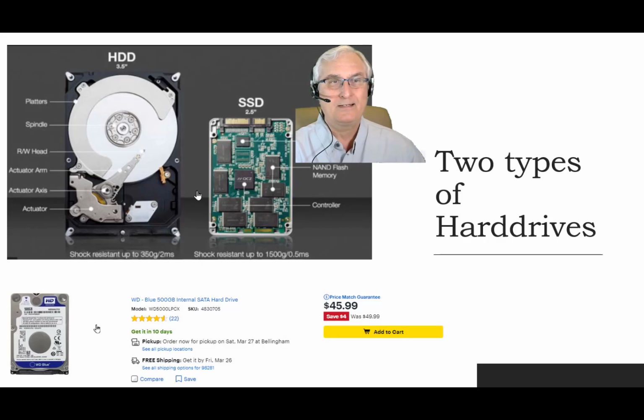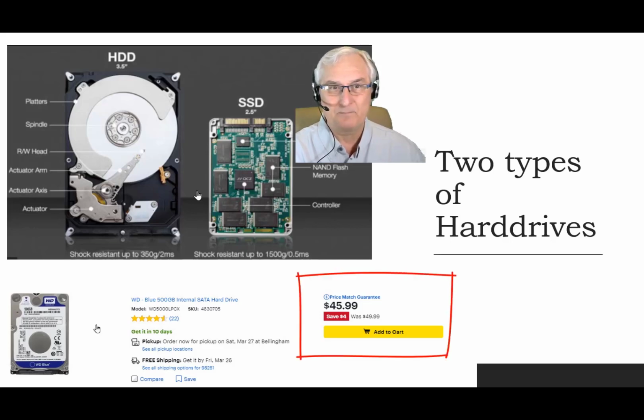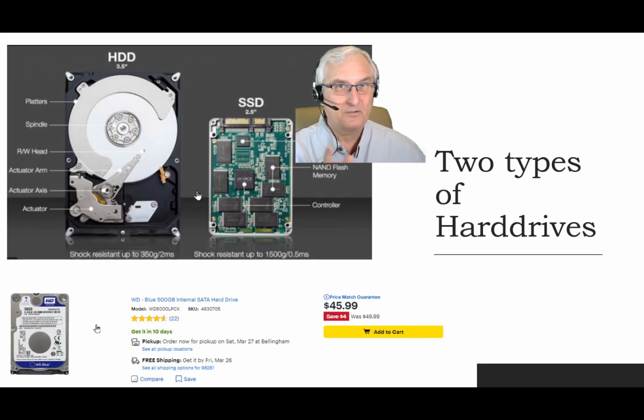Now, what is interesting though is if you go back to our spinning drive on the left-hand side, you'll see that the cost of a 500 gigabyte spinning drive is around $45 at Best Buy. Now, Best Buy is going to make a profit on that of about 30%. There's then going to be a distributor that's going to make money.